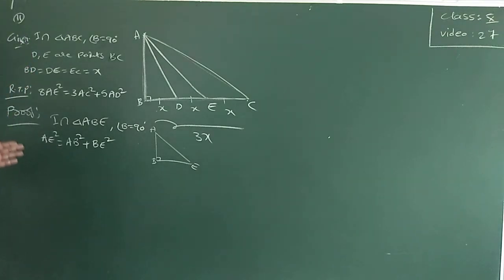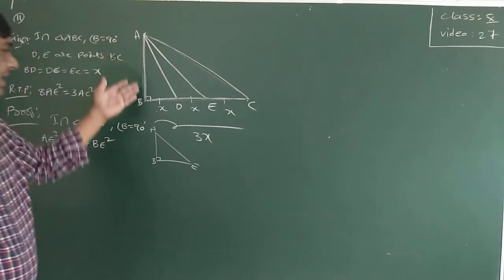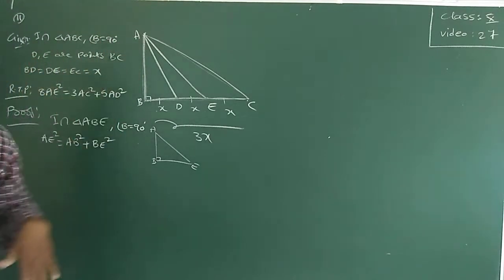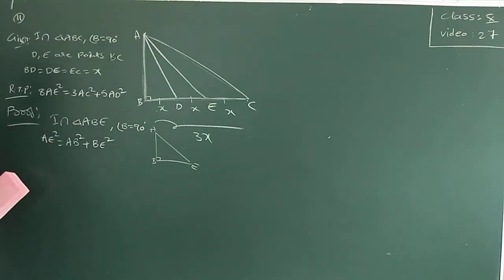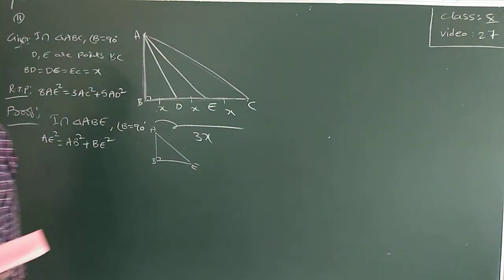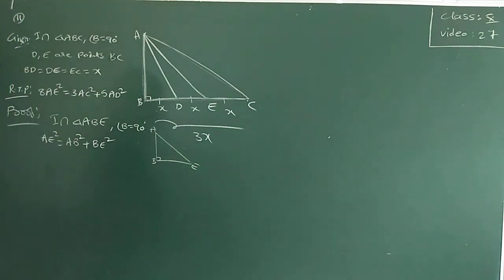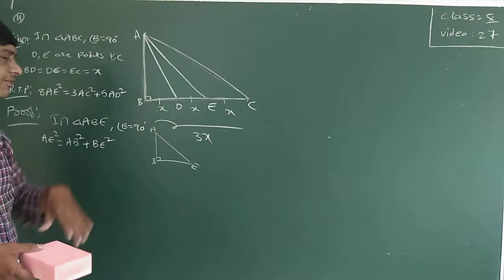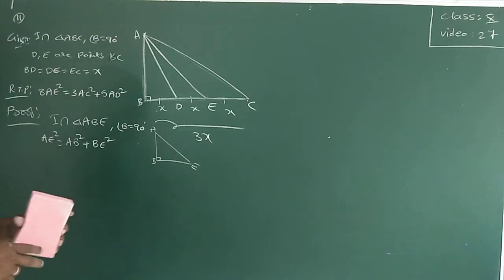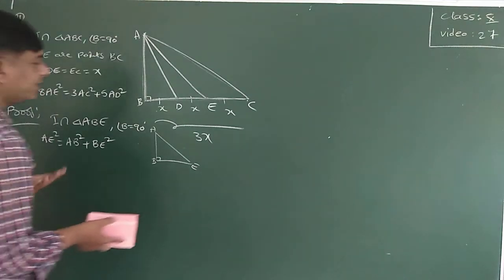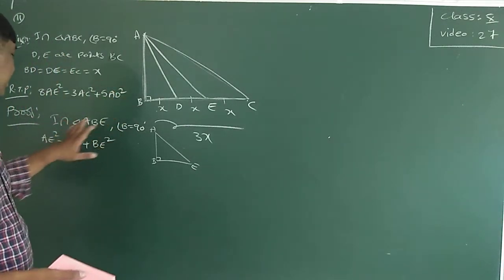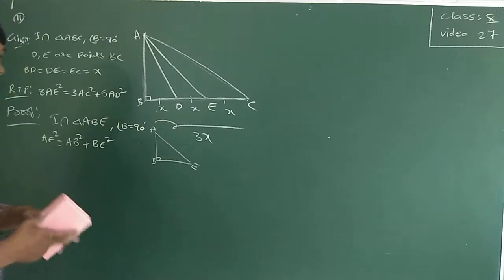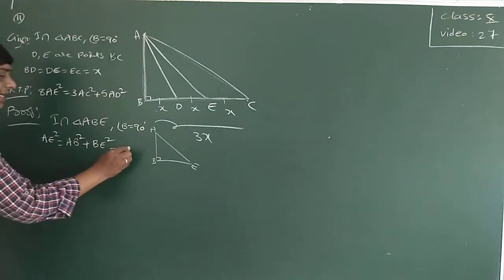In triangle ABE, angle B is equal to 90 degrees. This is one way. You can also take the RHS; by considering the RHS, you will get the LHS automatically. 3AC square plus 5AD square you can take. In any method you can replace it and prove that. Either take all the triangles one by one. This is one equation.